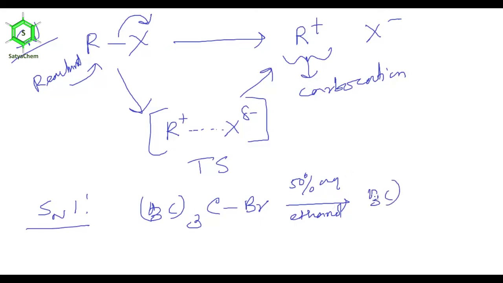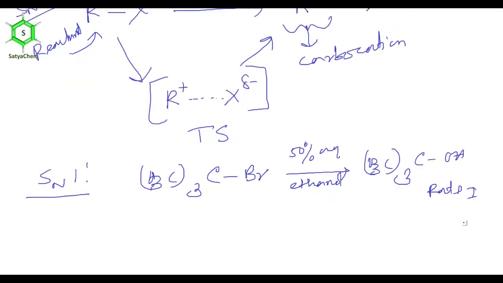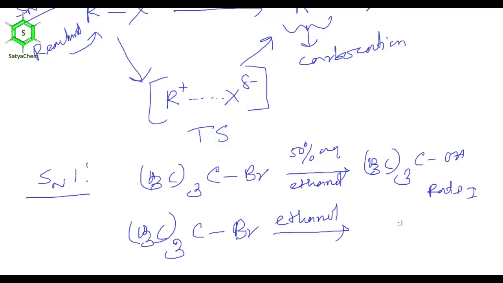This is the product. Suppose this is rate 1. If we do the same reaction in the presence of only ethanol, in the absence of water, so the solvent is ethanol only, this is the product. Then this is rate 2.